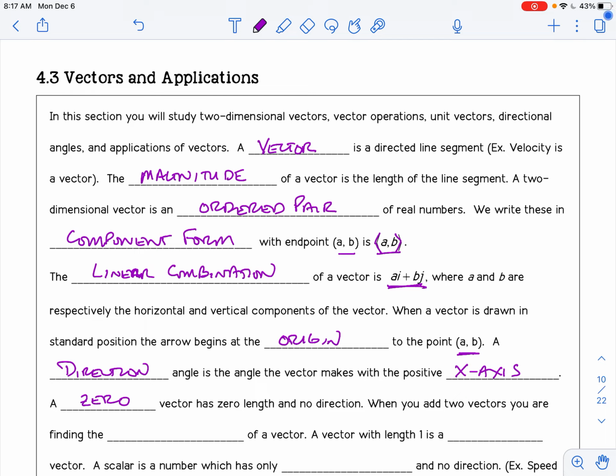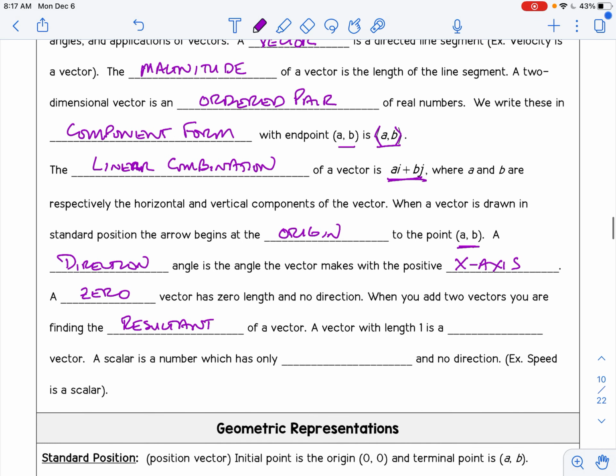When you add two vectors, then you are finding something called the resultant. So a lot of terms here we're going to come back to. The resultant of a vector. A vector with length of 1 is called a unit vector. And a scalar is a number which has only magnitude and no direction.